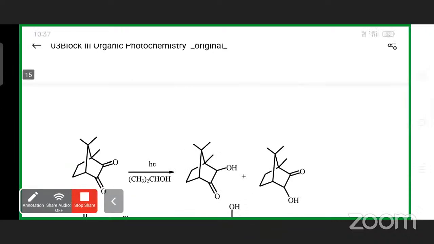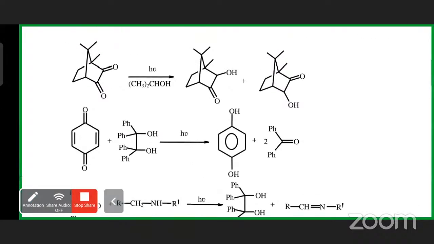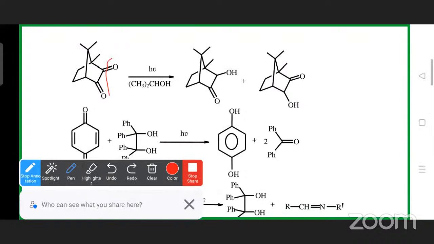So for example, if this undergoes the homolytic cleavage, then this ketone gets reduced here. Or another possibility is this may undergo the homolytic cleavage here. These two are the isomers.